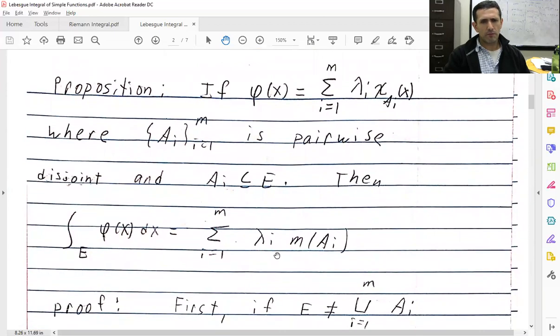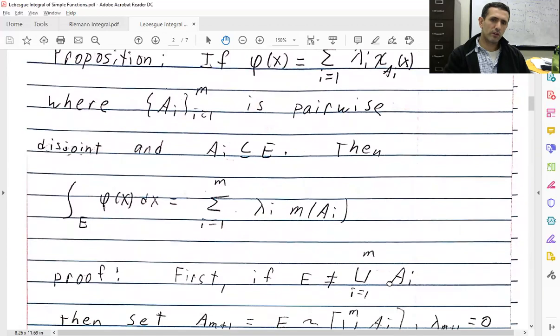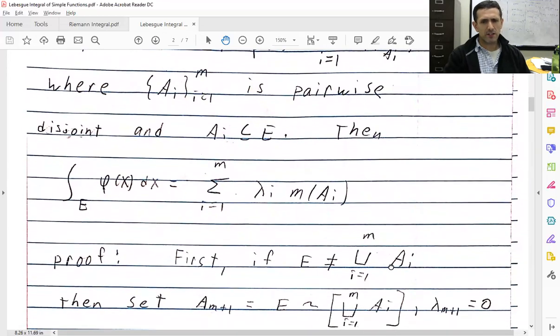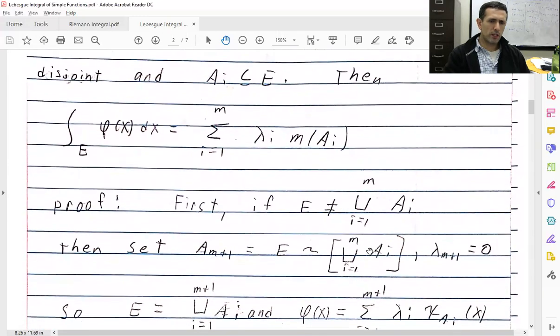Well, first I want a reduction. So let's assume E is not this disjoint union. In that case, let's set A_{m+1} to be E take away this union. So clearly, E is going to be the disjoint union of the A_i from i equals 1 to m plus 1.